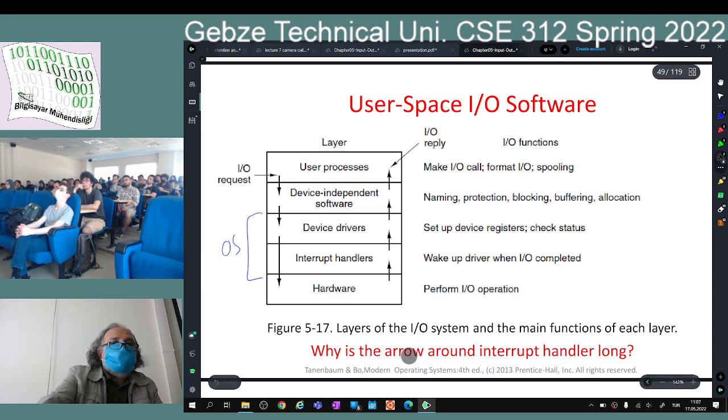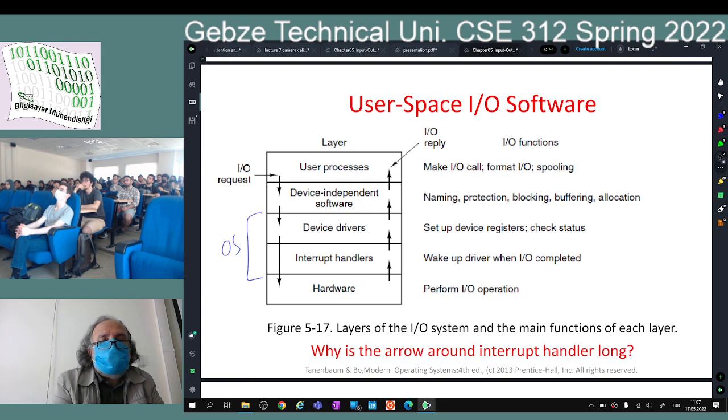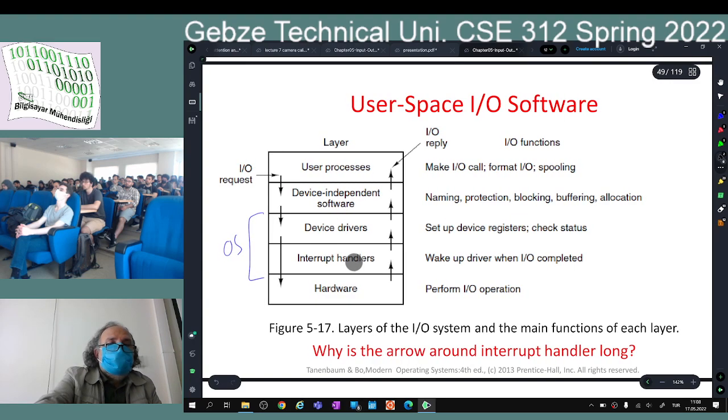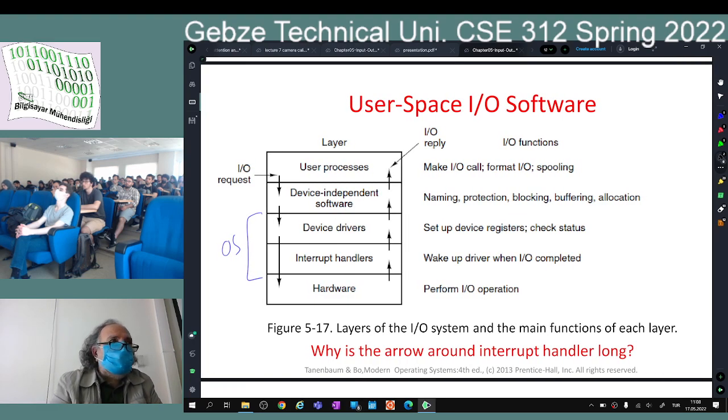The question is, why is the arrow around the interrupt handler longer than the others? Because device drivers are part of the kernel mode, so it needs to reach the hardware itself. But this is a layered structure. How come I am not directly talking to the device drivers, but talking to the interrupt handlers in that case?